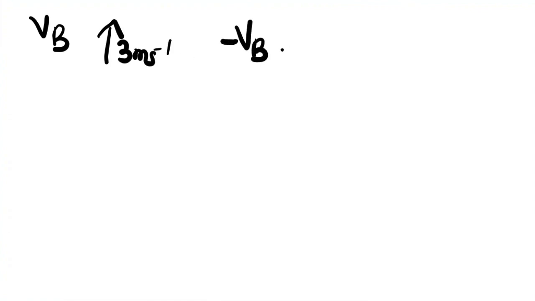Okay, let's go to another slide. VB is this, with a velocity of 3 meters per second. But negative VB is going to be in the other direction, 3 meters per second. The A has no negative, so A is still going to be the same, towards the east, 4 meters per second.